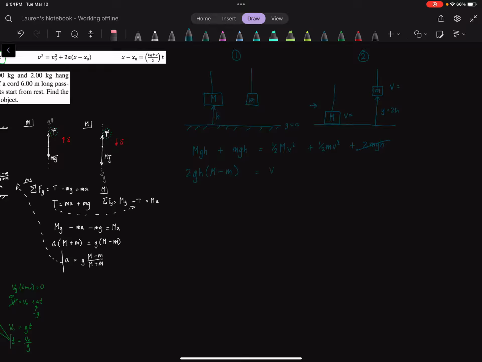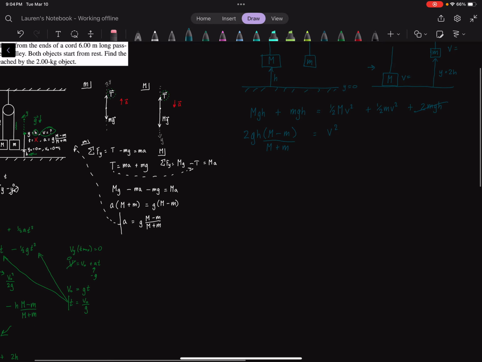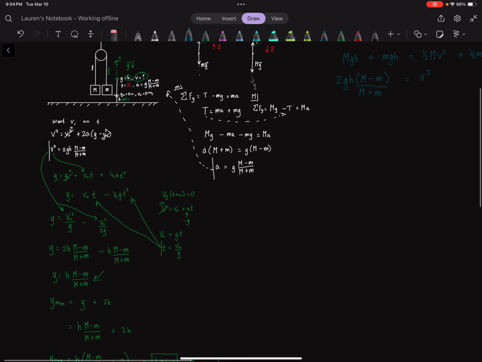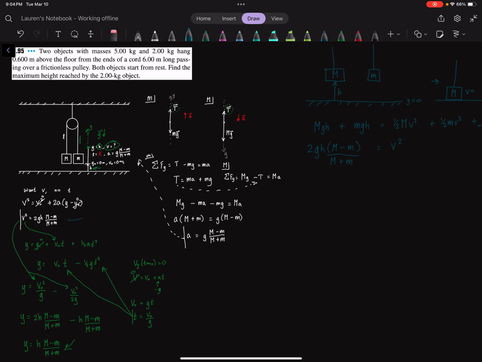And if we wanted to solve it all the way for v squared, we would pull out a v squared from these two terms on the right, and you get big M plus little m. All right, so that's fantastic. You'll notice that ought to be the same final velocity that we got before, 2gh times big M minus little m over big M plus little m, which is a lot easier.